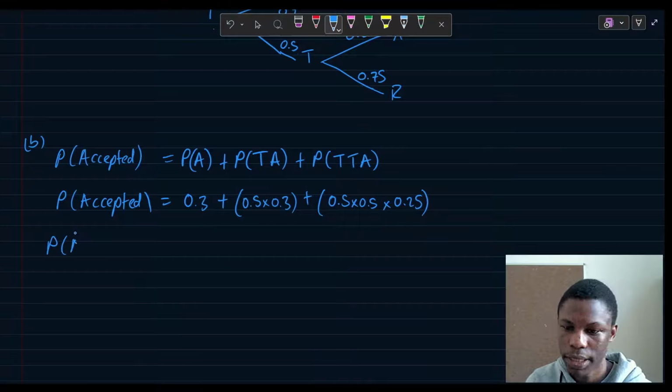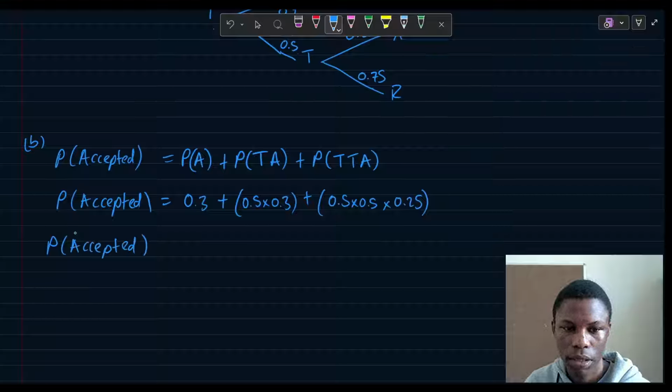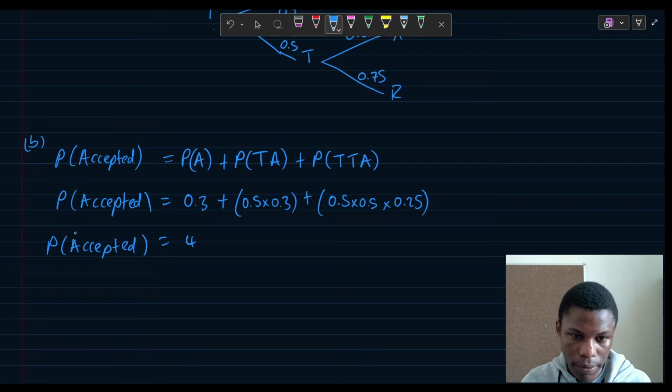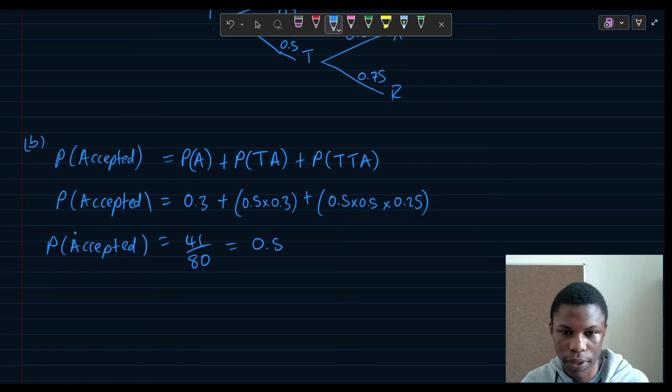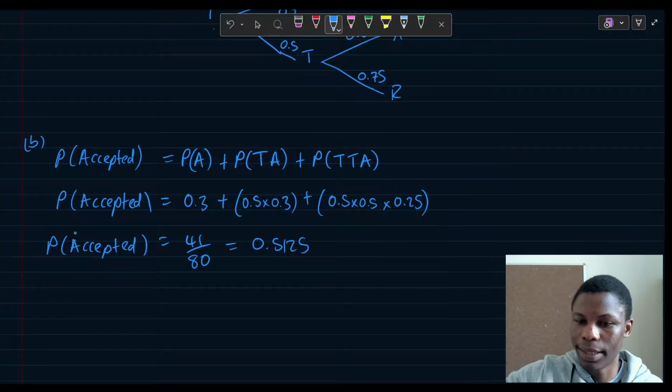If we punch this into the calculator, we get 41 over 80, or if you want to put it as a decimal, 0.5125. And that is our final answer.